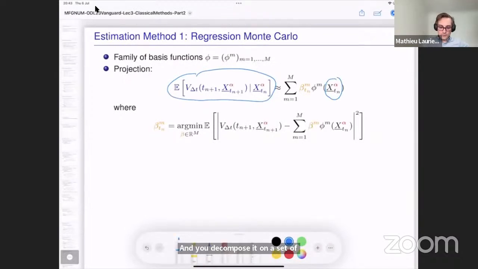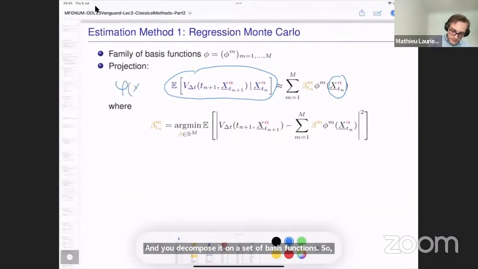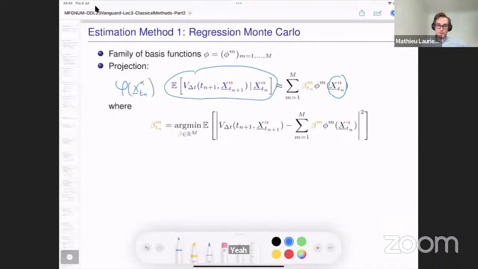So the conditional expectation is a function of x, t, and alpha. And we want to find this function. And the way we find it is by decomposing it on basis functions that are predefined. So we need to choose these basis functions. And once we choose them, we have to find the coefficient here, for example, by using a regression.